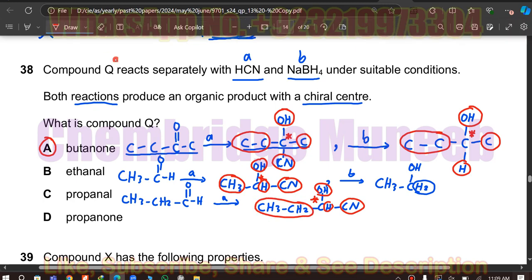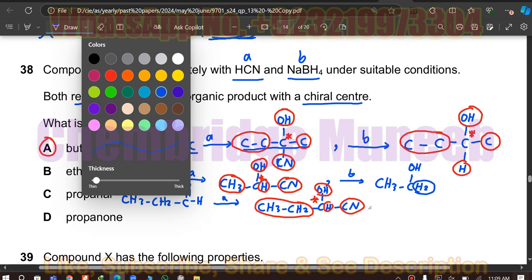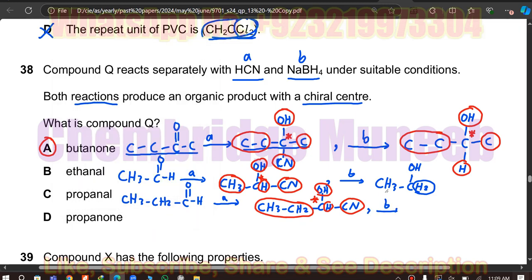And with the reaction with NaBH4, it will convert into the alcohol CH3CH2CH2OH. So just like in the previous case, there is no chiral center. And with propanone, the structure is CH3 C carbonyl group and CH3.